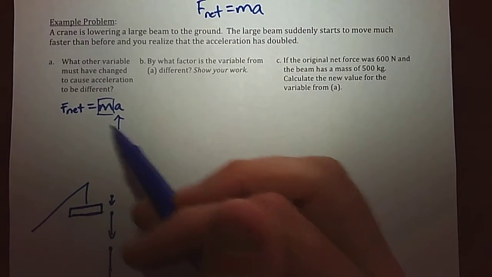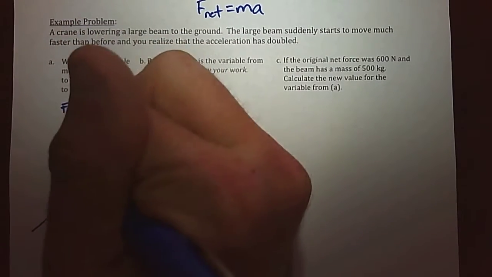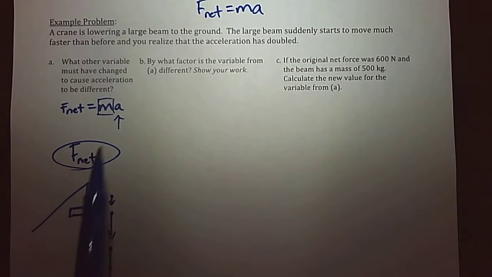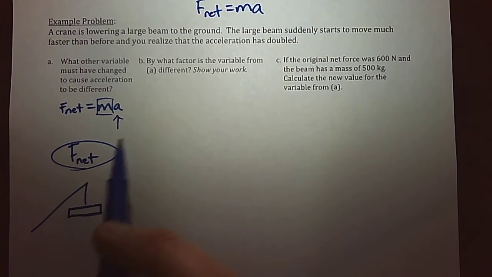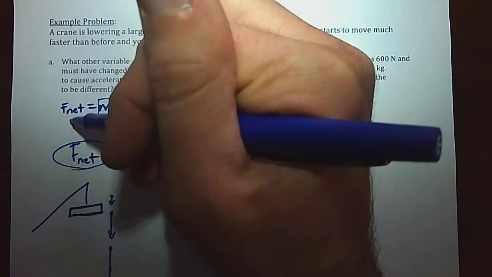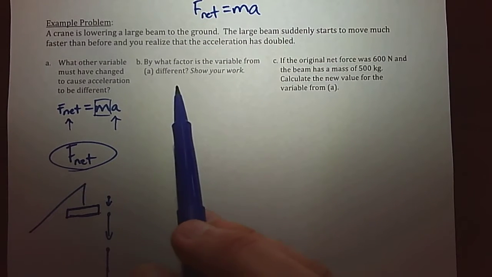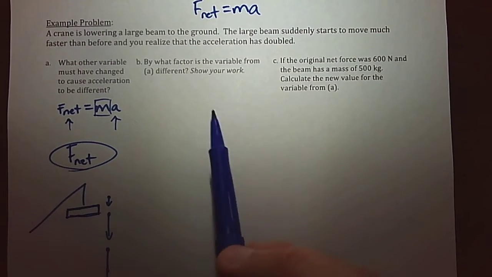If my mass is staying the same and acceleration is going up, then my F net must be that other variable that's changing. Now, since F net and acceleration are directly related, and they're on opposite sides of the equation, we know my net force should be increasing in this scenario. So not only do we know that it's increasing, but by what factor is it increasing?